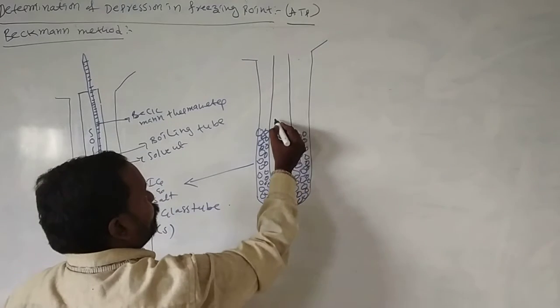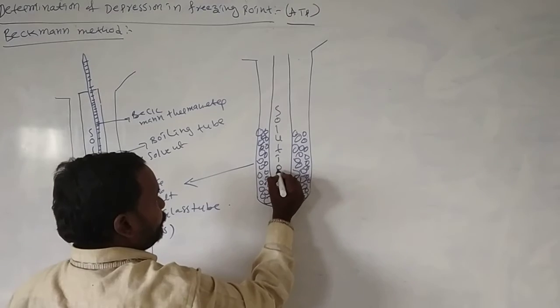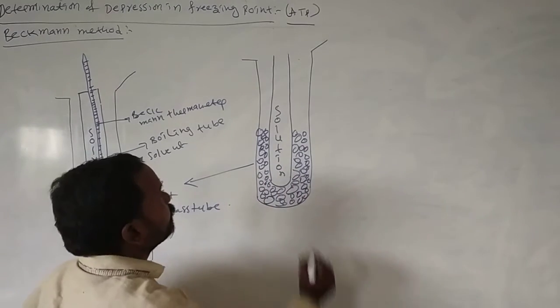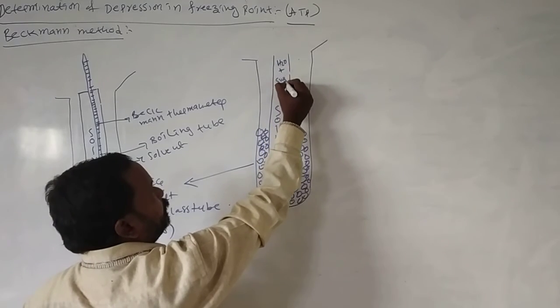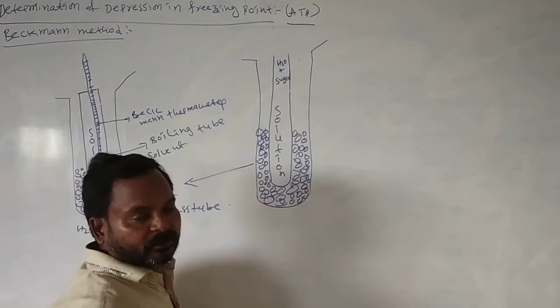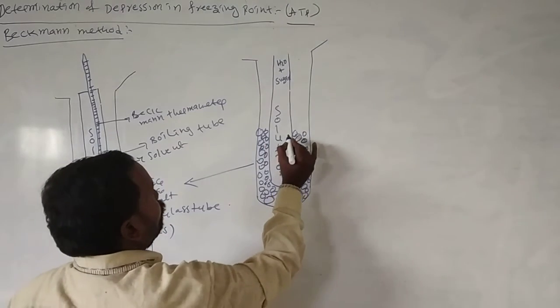Here I am taking solution. What is the meaning of solution? Water plus sugar, a non-volatile solute. The only difference with the previous one is that here it is solution.